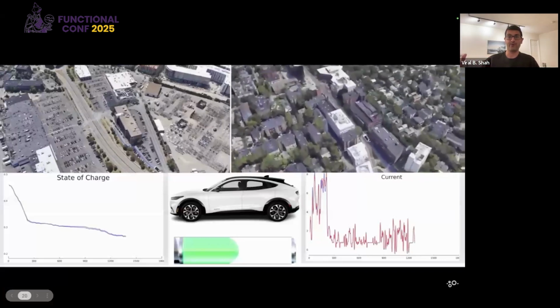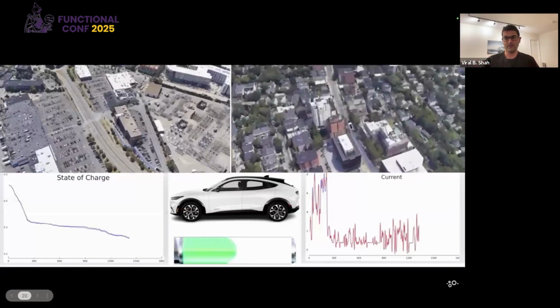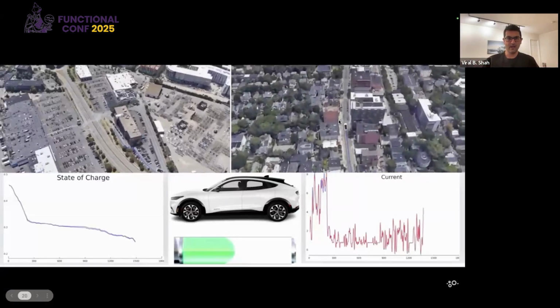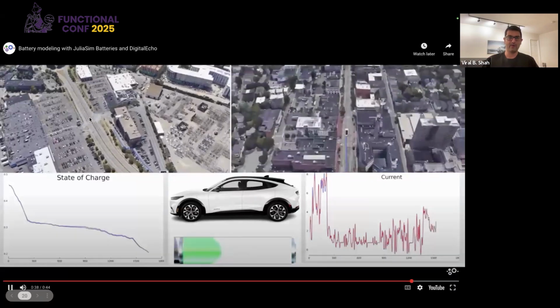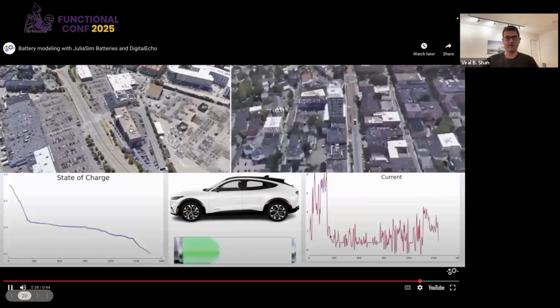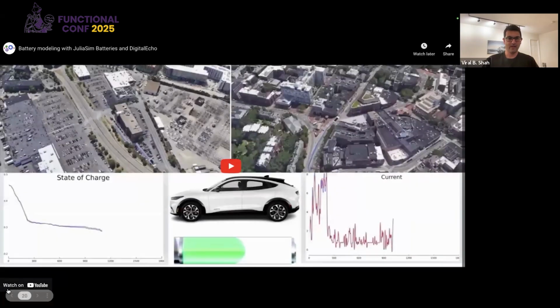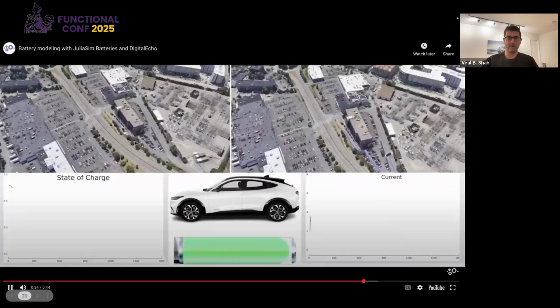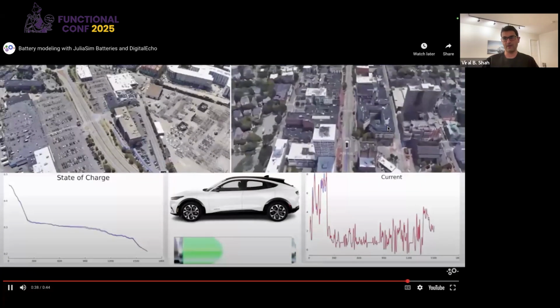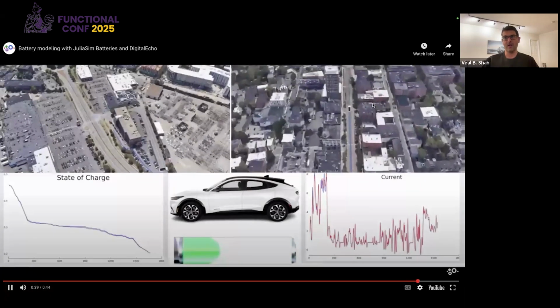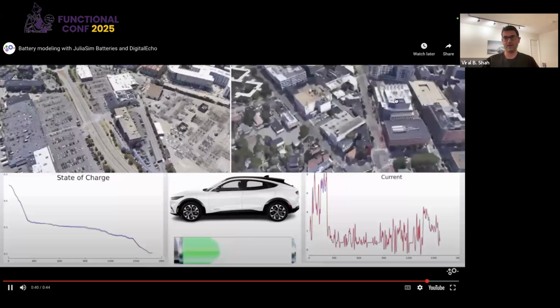The physics have been compressed into this surrogate. You can see that we are driving from our office in Cambridge to MIT, and the car on the left has barely left the parking lot, whereas the car on the other side, the surrogate, has already reached MIT.